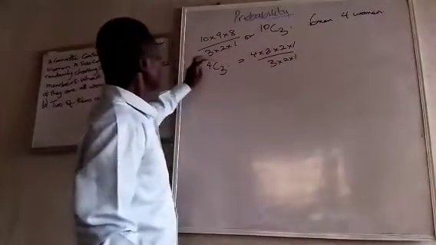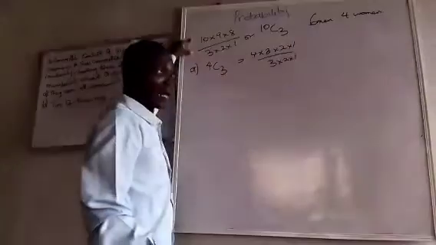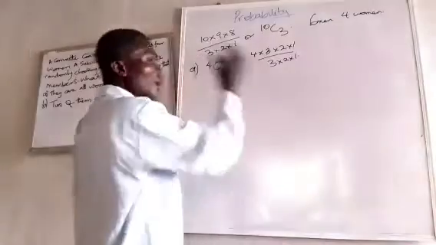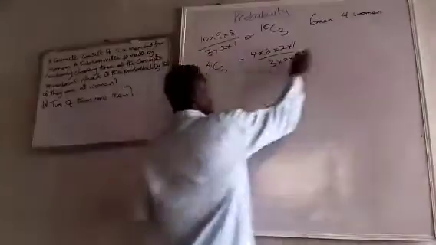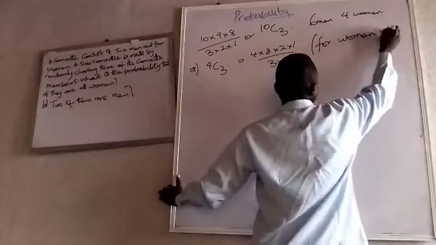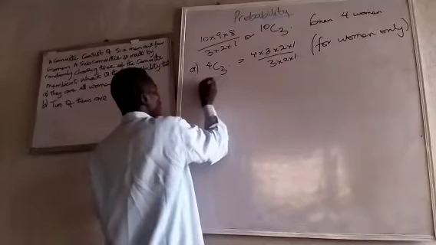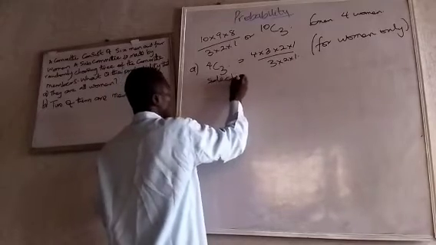So the probability will be this possible selection divided by the total possible selection from all the people. So this is for women only.